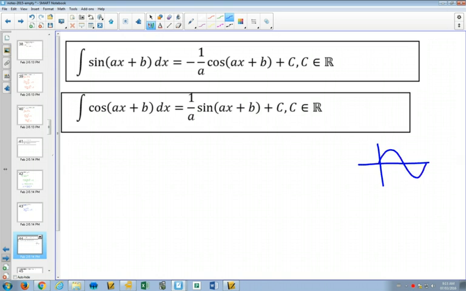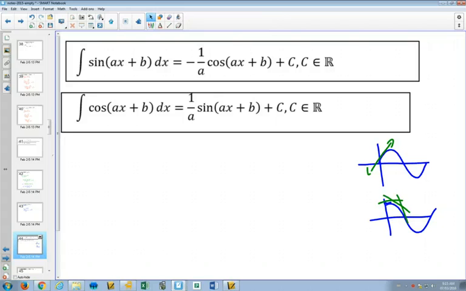I remember the graph of sine. I remember that the tangents right at the beginning are positive, so I know that the derivative of sine is positive cos. So that means integrating cos will give me positive sine. The derivative of cos, if I think about my cos graph, oh, that's a bad cos graph because there we go, maximum there.